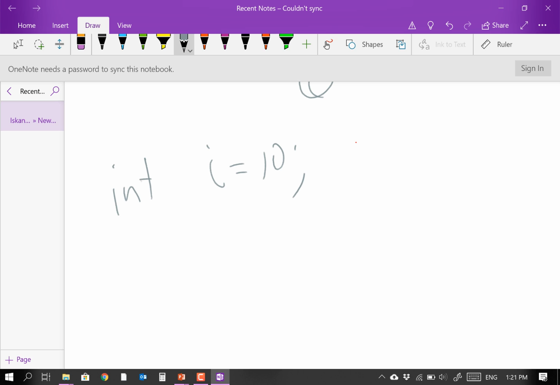What I've done, and this is a bad habit to get into, though many people do it, is define I as an integer and initialize it to a value. So I've combined a non-executable statement, the int I, with an executable statement, I equals 10.